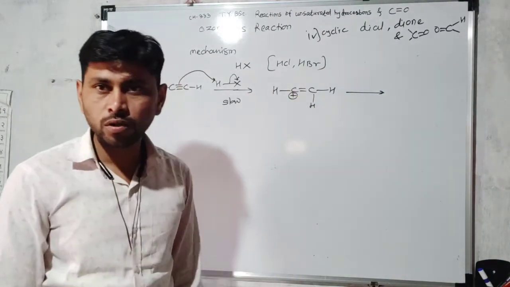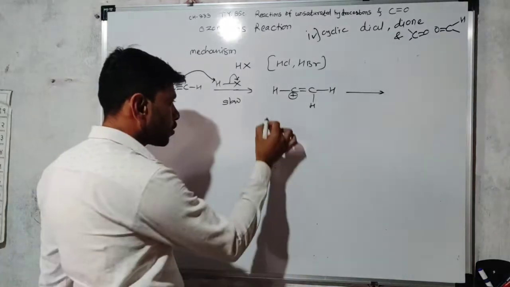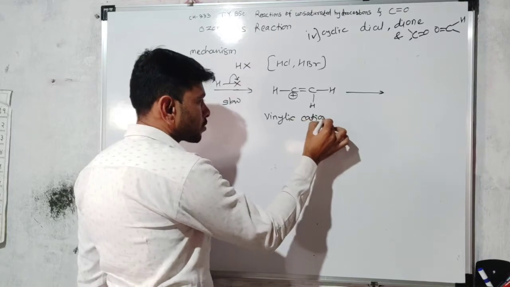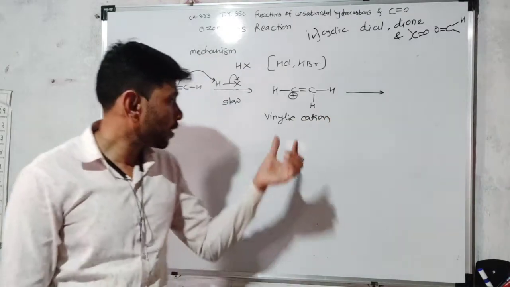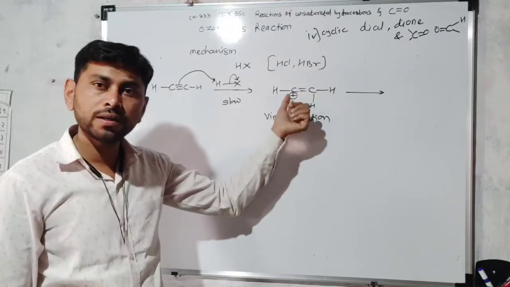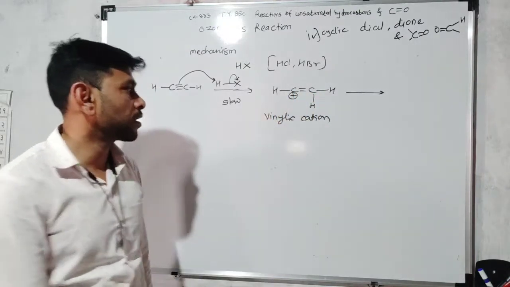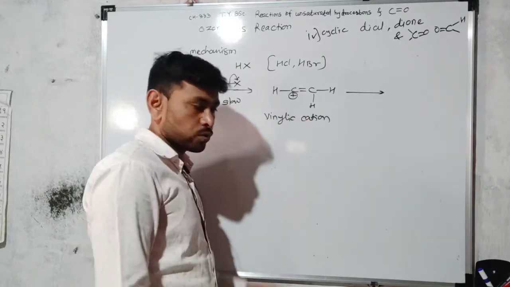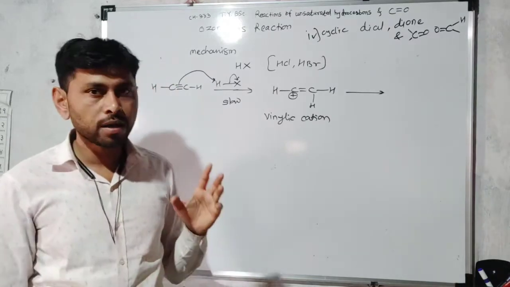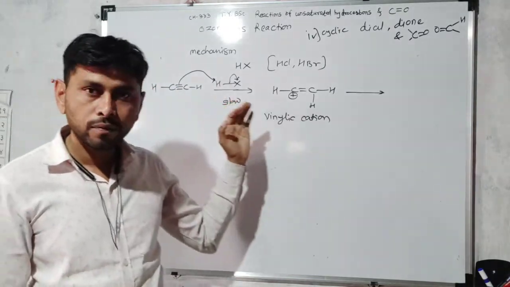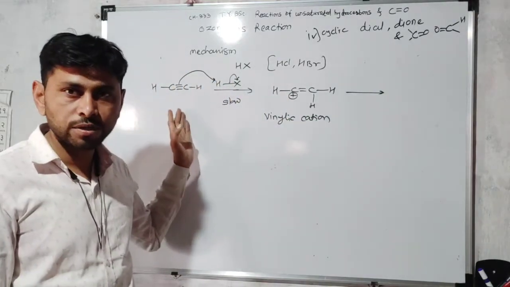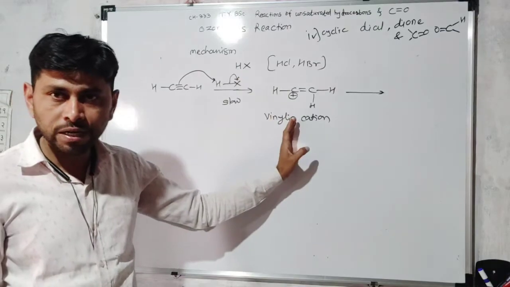This carbocation is not called a general carbocation; it is called a vinylic cation, as this carbon-carbon double bonded compound contains the carbocation. The addition reaction of a carbon-carbon double bond takes place via a carbocation, and the addition reaction of a carbon-carbon triple bond takes place via a vinylic cation.